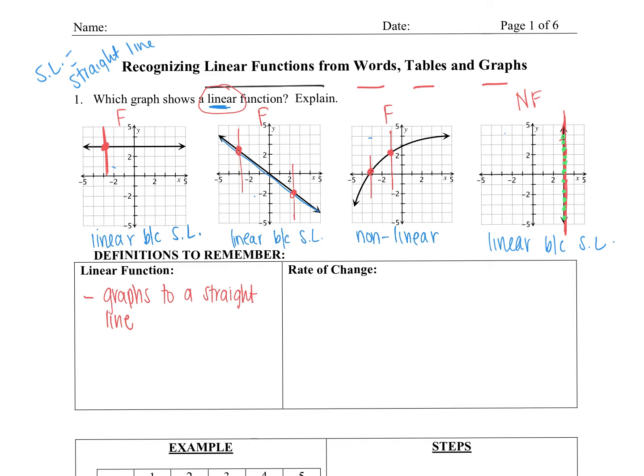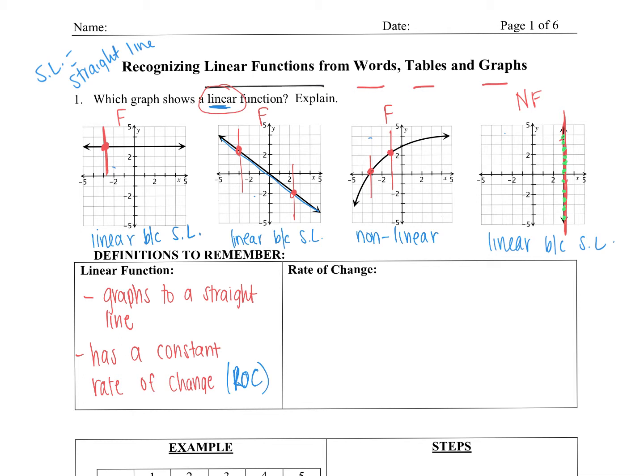And also, if a function is linear, it has a constant rate of change. Okay, and when I write this, I will call it the ROC, rate of change, for time purposes and for space purposes.